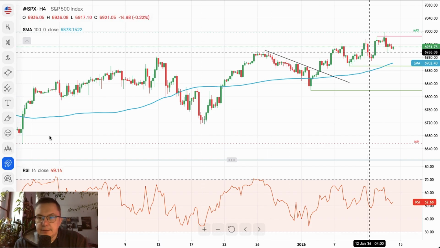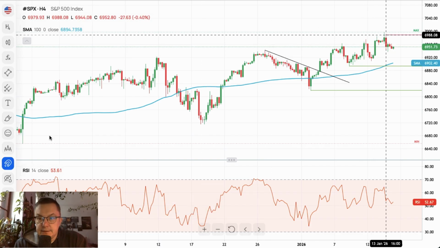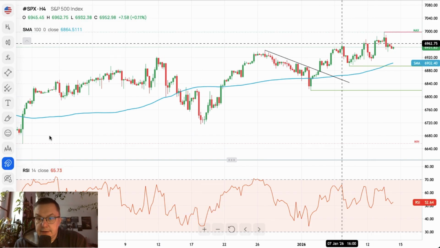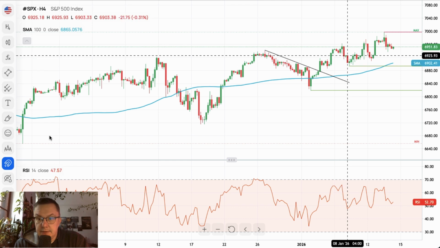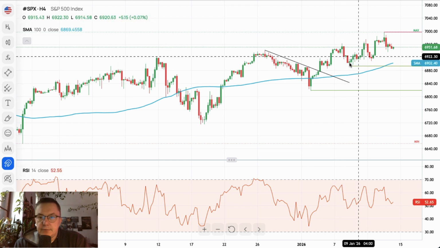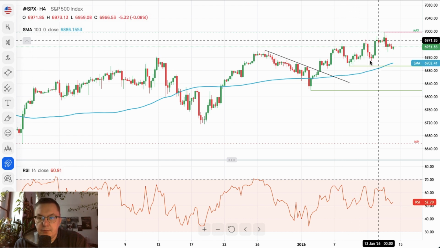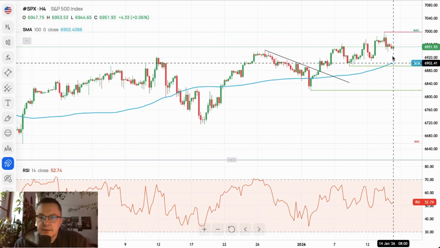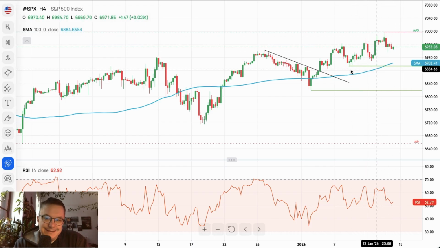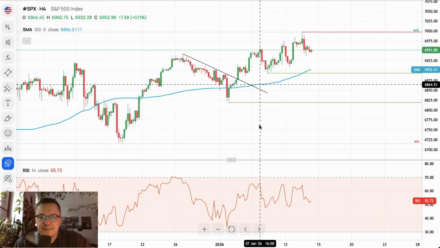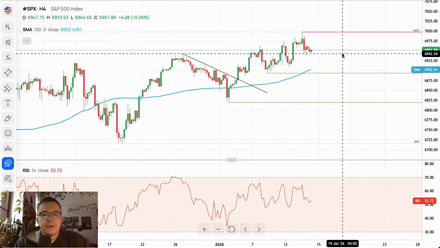Nevertheless, the market is right now moving like this: pre-open high, fade, pre-open high, fade, pre-open high, fade. So it's looking very interesting. S&P 500. There is a series of the higher highs. There is a series of the higher lows.